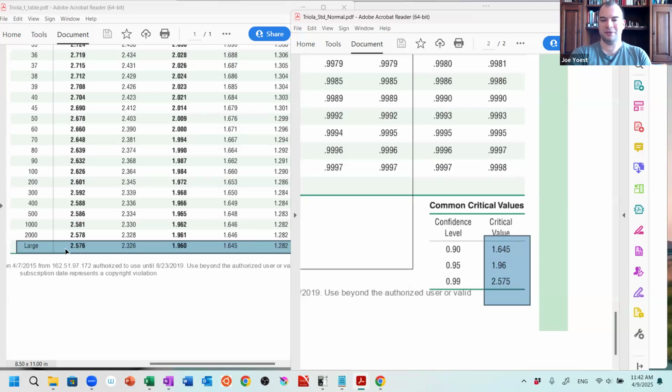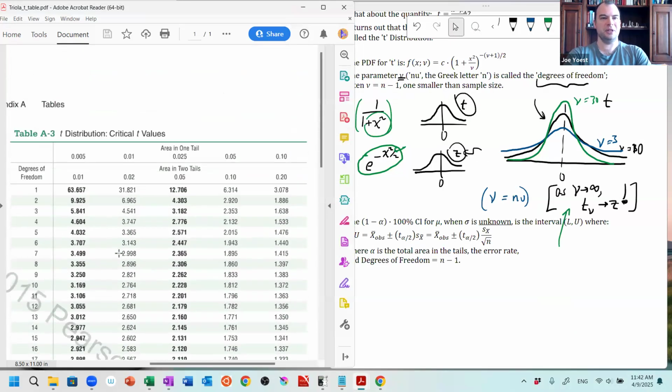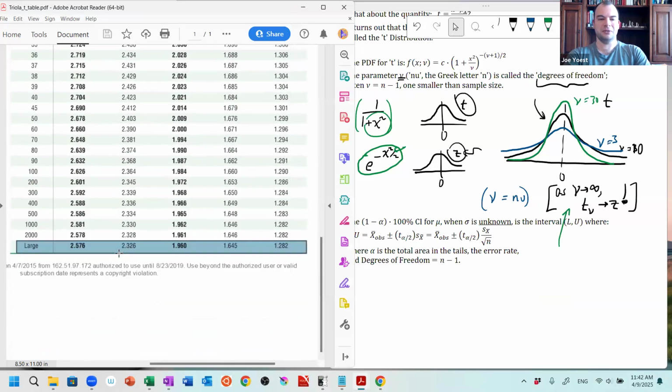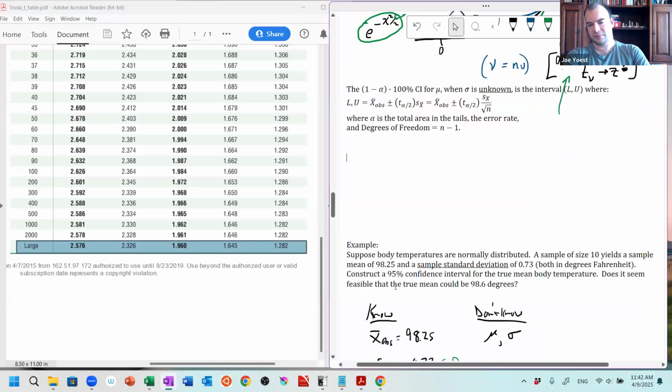Well, this says 2.576 or 2.575, just a little bit of rounding difference between the two tables. So we actually see that we can find z numbers pretty quickly using the t-table. So we don't even really need to refer to our z-table anymore for confidence intervals or hypothesis tests, at least not for this direction, if we're just looking up these critical numbers.